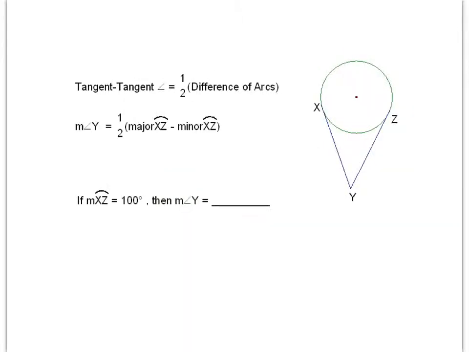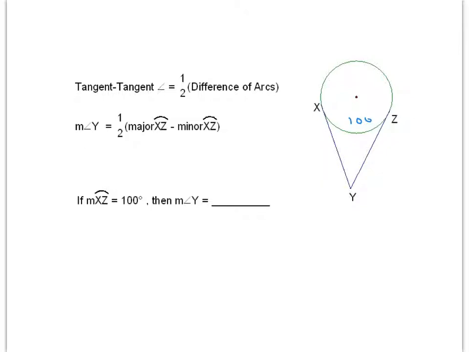And the last of our type 3s was the tangent-tangent. Tangent-tangent angles are equal to 1/2 the difference of the arcs. And again, we basically have a major arc and a minor arc because it's the whole circle. Okay, so measure of angle y is equal to 1/2 the major arc minus the minor arc. So if minor arc xz is equal to 100, and again, if it doesn't tell us exactly, we assume the minor arc, right?